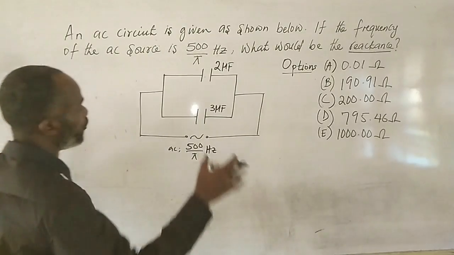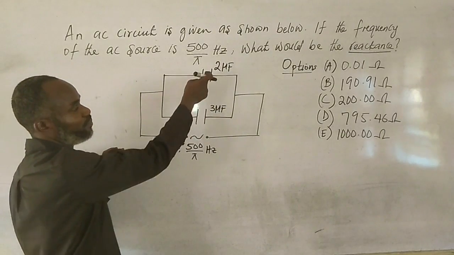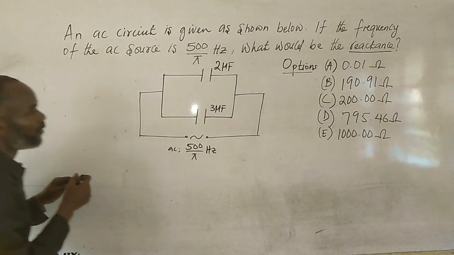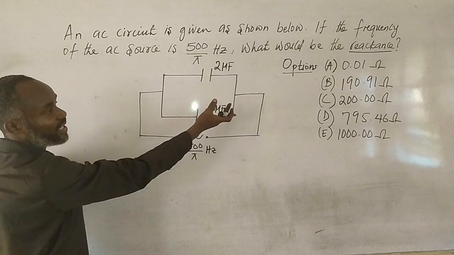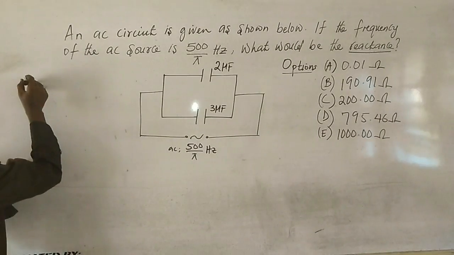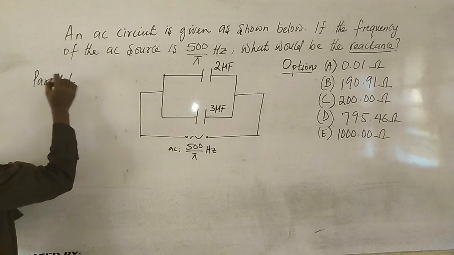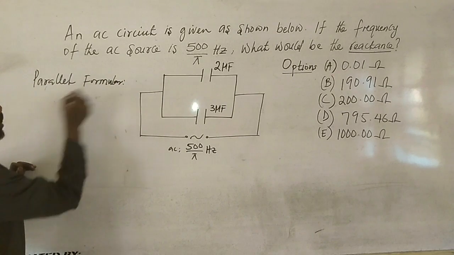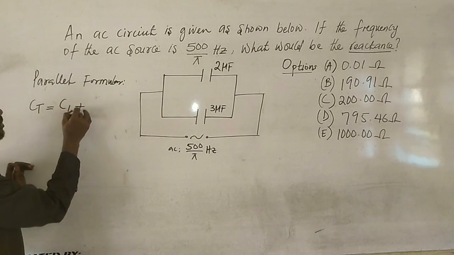What we need to do first of all is consider the capacitance. Look, the capacitors are connected in parallel. That's the first thing. With capacitances of 2 microfarad and 3 microfarad respectively, for a parallel arrangement of capacitors, the total capacitance CT is equal to C1 plus C2.